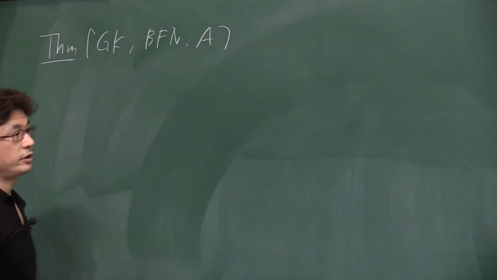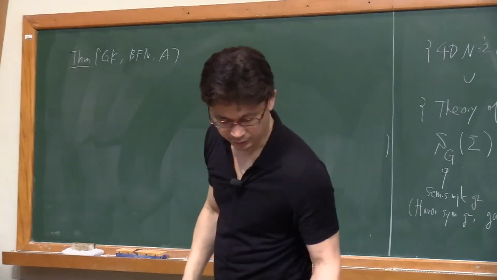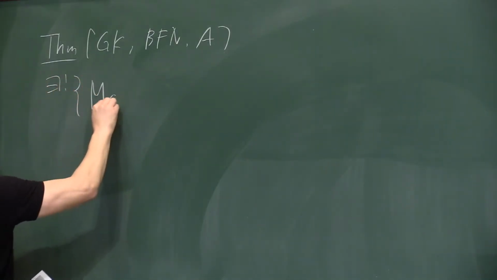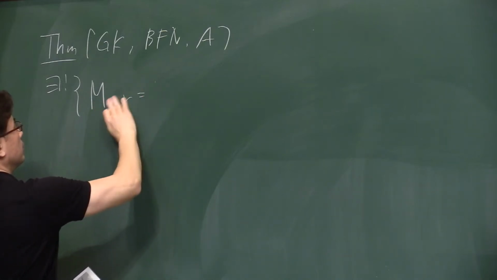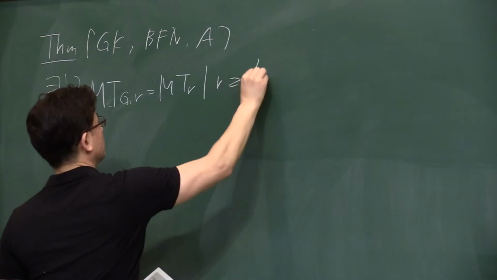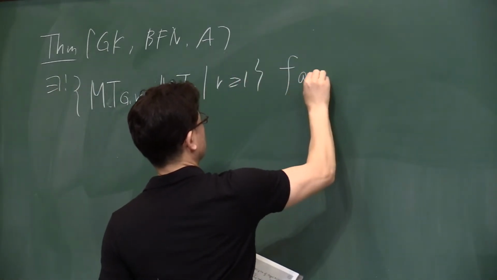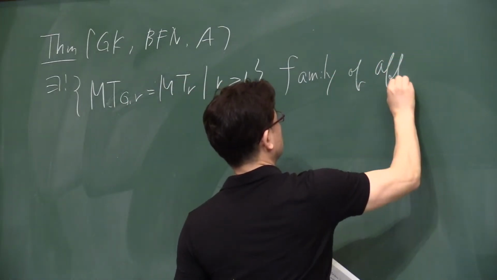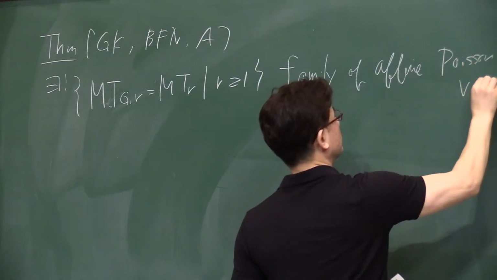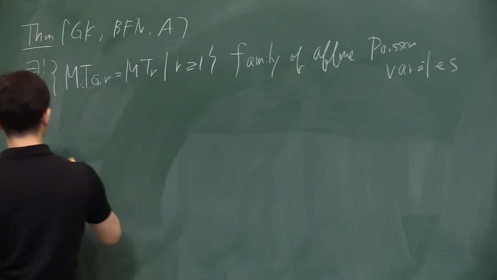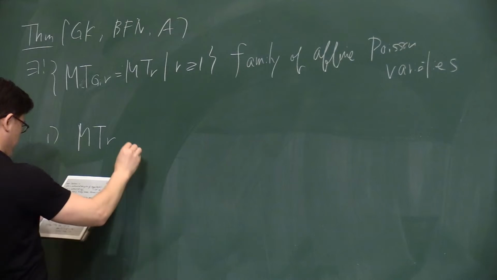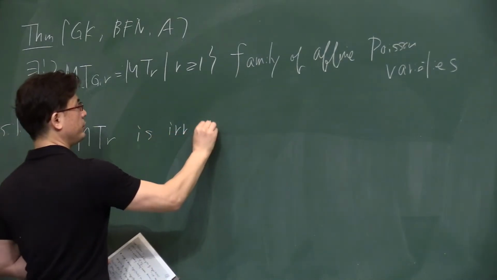So let G be a semi-simple group. Then the statement is that there exists a unique family of affine Poisson varieties such that, first, each of these is irreducible and reduced.